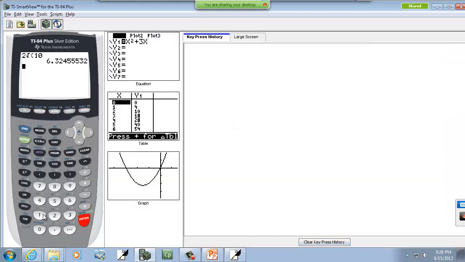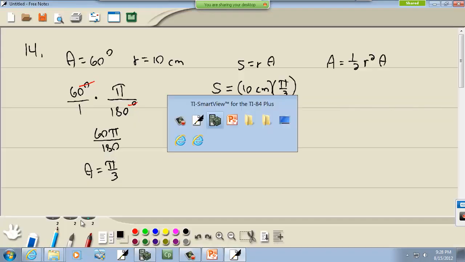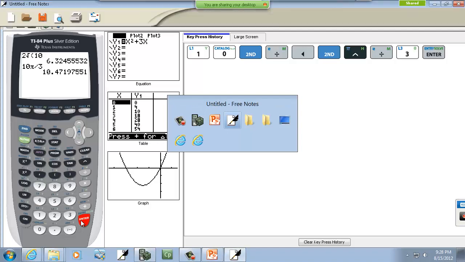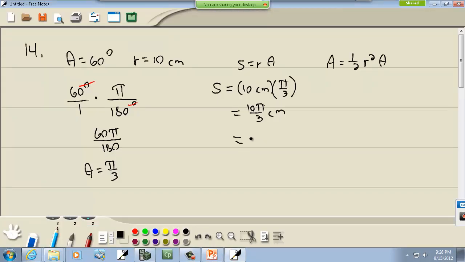So I got 10, second caret, divided by 3. Enter. And 3 decimal places, I'm assuming. So I got 10.472 centimeters.